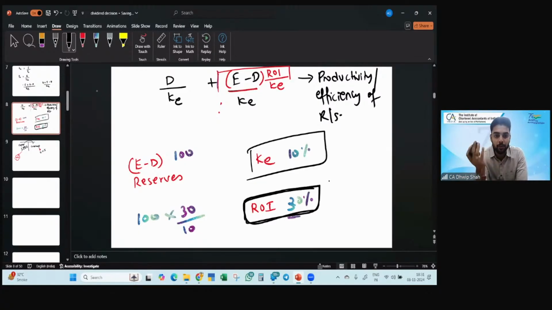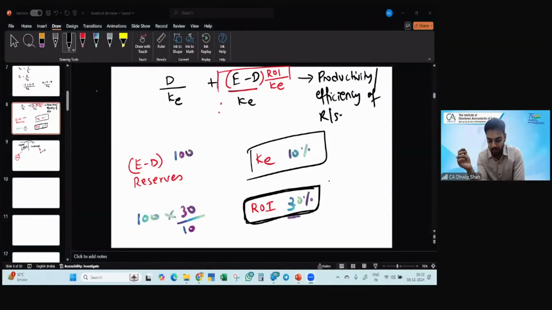If I distributed the dividend to them, they could just earn 10%. But if the company retains it, the company has the capacity to earn 30%. One can become three. So can I say it is better to retain with the company? It is better to keep the funds with the company so that it grows multiple times.